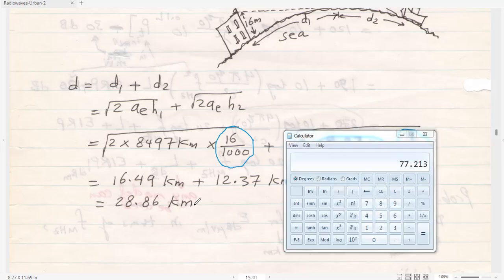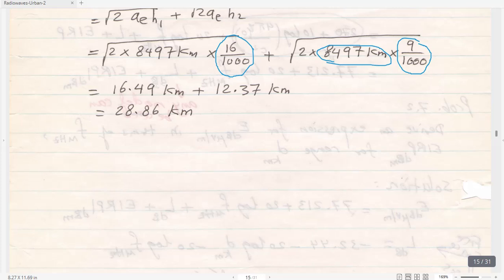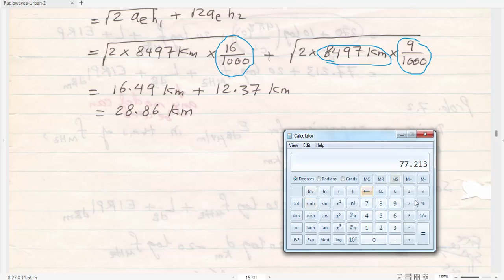Let's calculate it here. We have 2 times 8497 times 0.016, under square root, and you can see the value is 16.49.